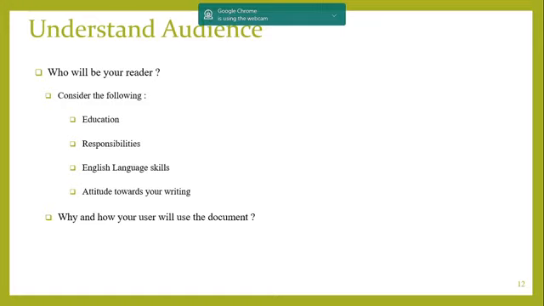You need to consider their education, responsibilities, English language skills, and attitude towards your writing. Education matters, because when you are writing a paper, fifth grade or sixth grade students are not going to read your paper.